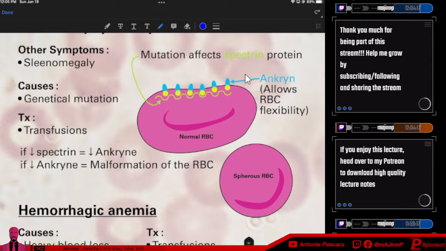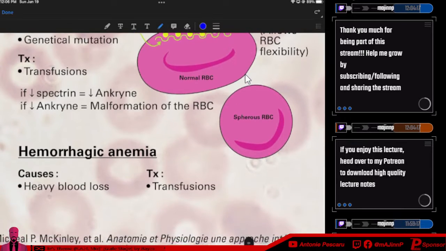Some treatments include transfusion. Basically, it's the only treatment so far to give normal, normal shaped red blood cells to the patient.